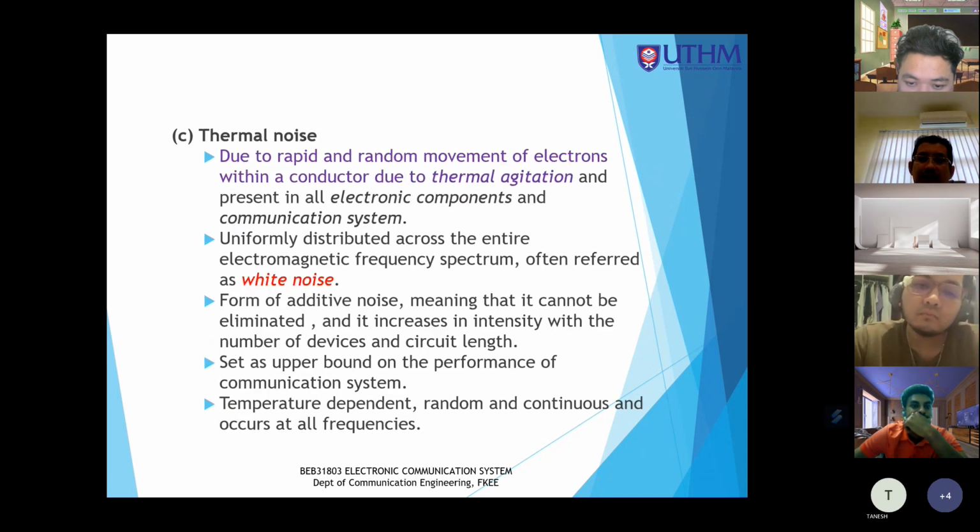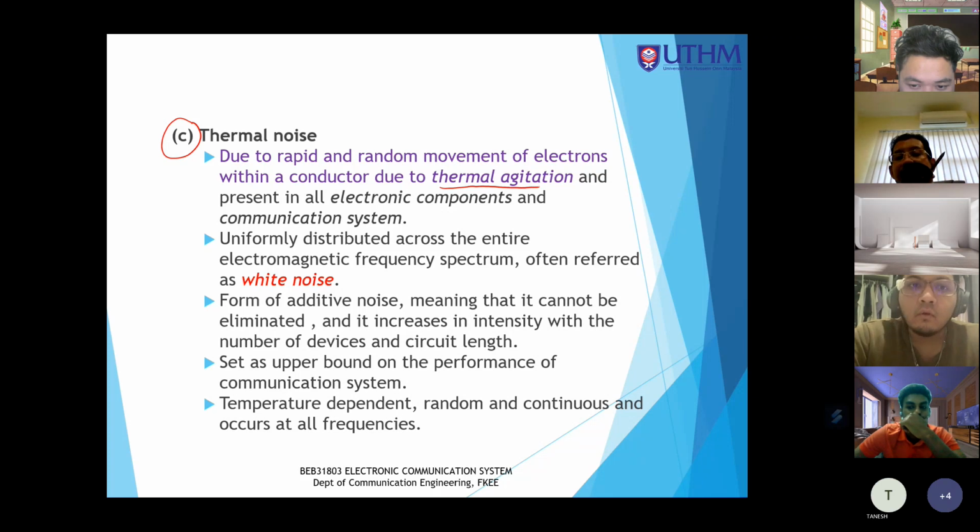Okay. Dan kalau kita lihat yang ketiga, the third type of internal noise is the thermal noise. So this is the most important type of noise that we will learn in this subject. Okay. So thermal noise is due to the rapid and random movement of electron with kata due to thermal agitation.